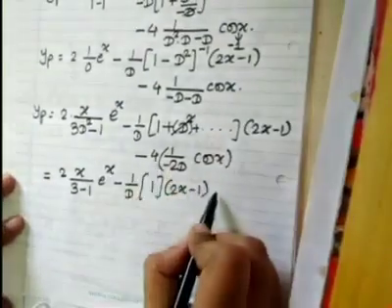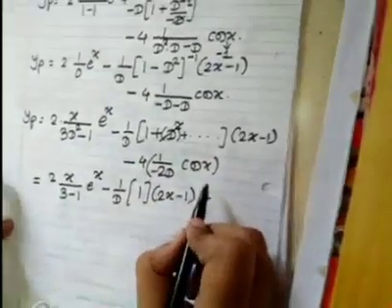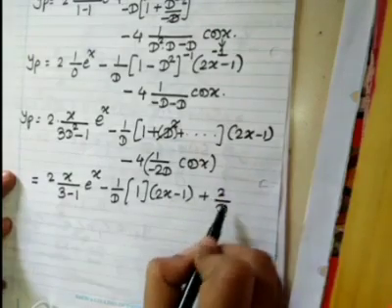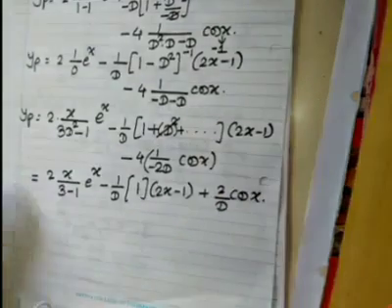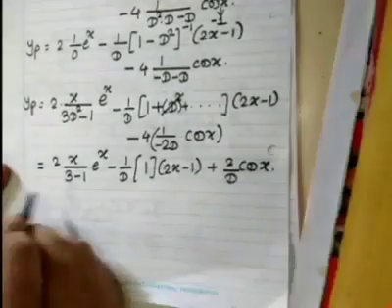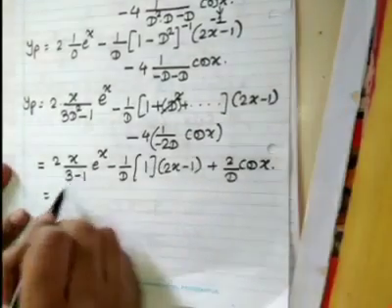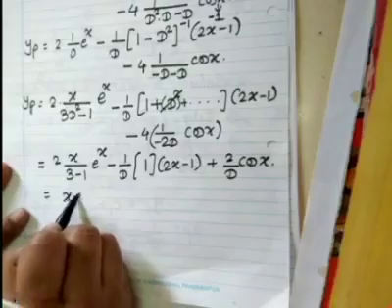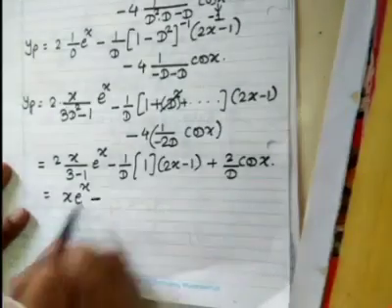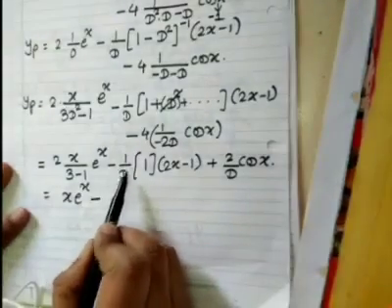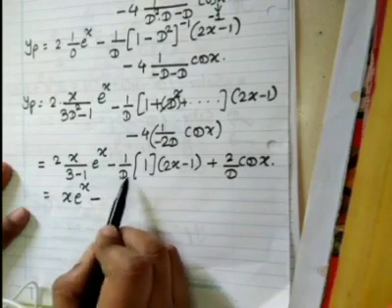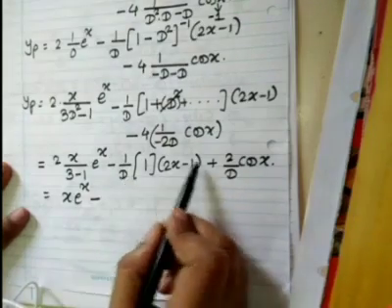Minus minus, here it is plus 2 by d cos x. That is 3 minus 1, 2, 2 cancel, x e raised to x minus 1 upon d. What is 1 upon d? Integration. Integration of this term.